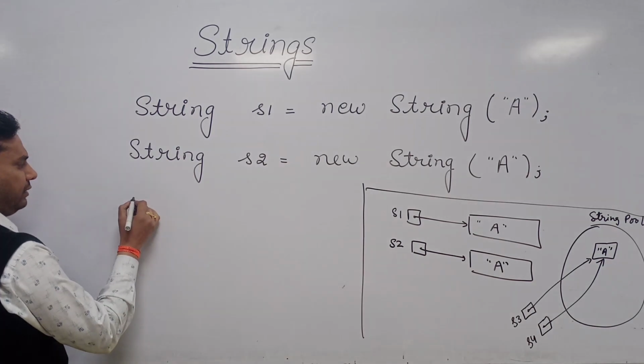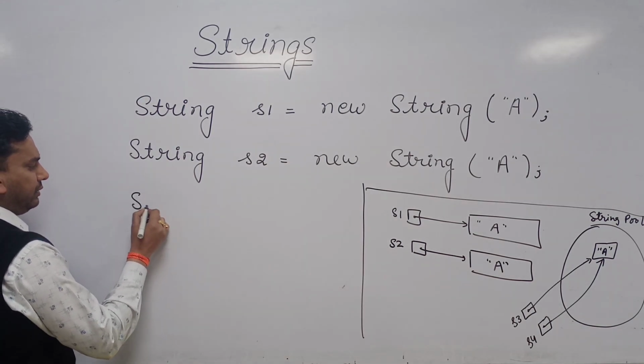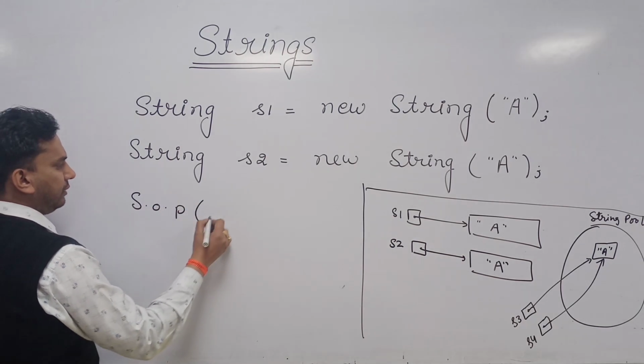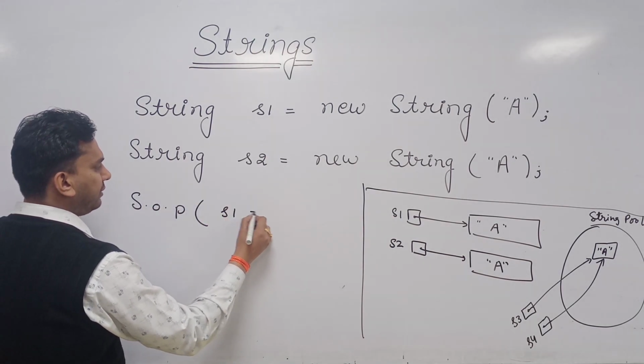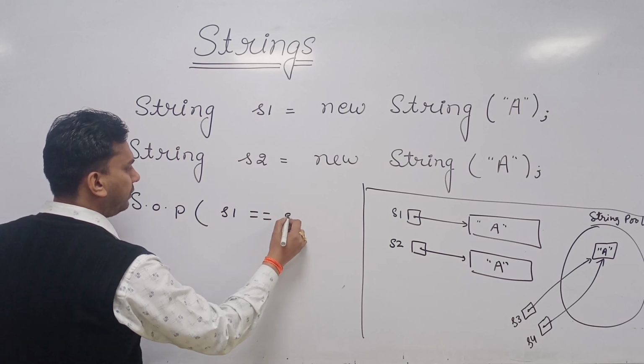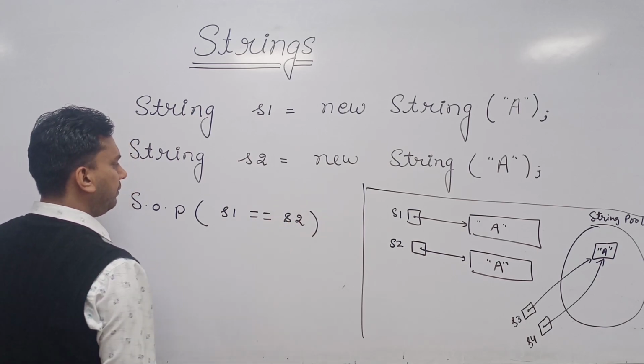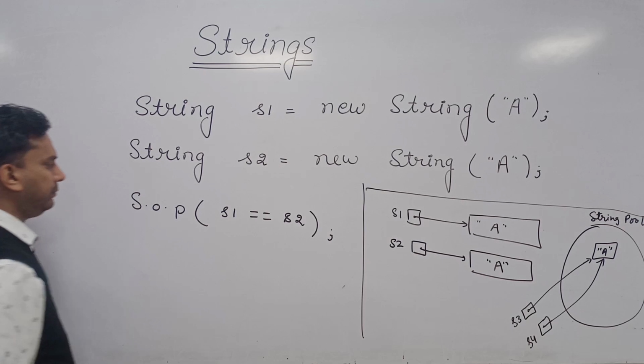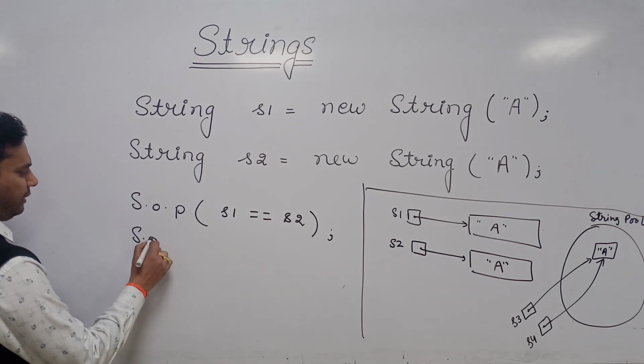If I write here System.out.println, I am writing S1 == S2. So what will be the output here? You can try.